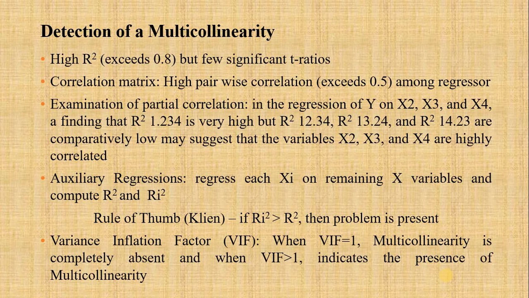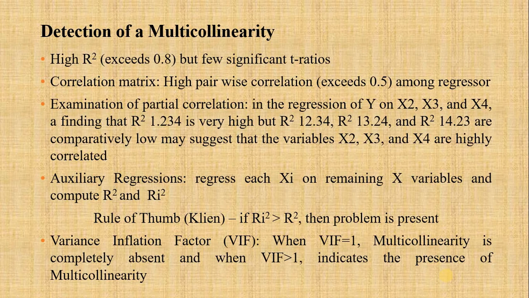Okay, then how can we detect multicollinearity? The first one, as I told you, is to look at the R square value. If it exceeds 0.8 but your T stats are not significant, that means your T stats are below plus 2 or minus 2, then there is a multicollinearity issue.